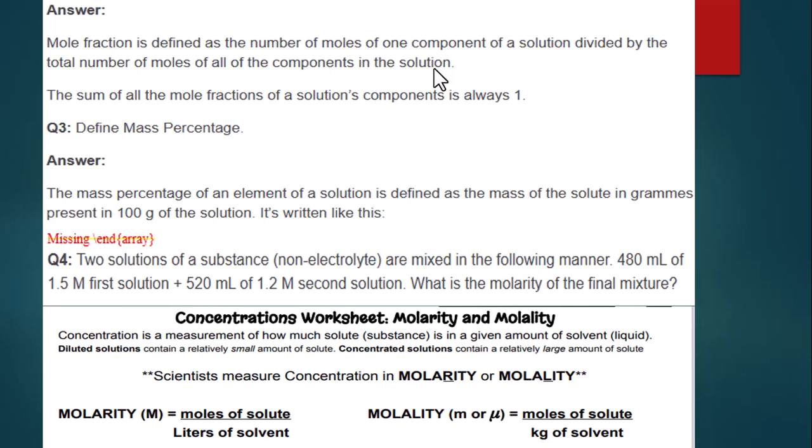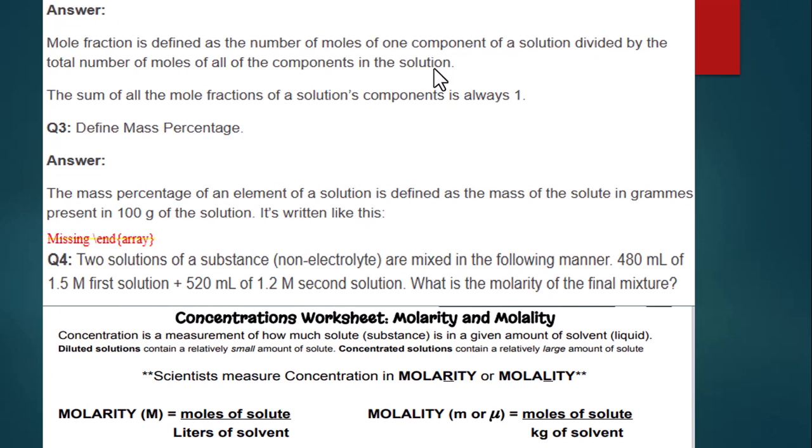Suppose we have 3 substances and they are all solutes and they have to be dissolved inside of a solvent in order to form this solution. Because we have different substances as the solute that we are dissolving inside, we are interested in finding the mole fraction of each solute.